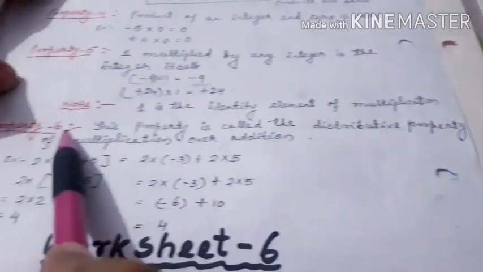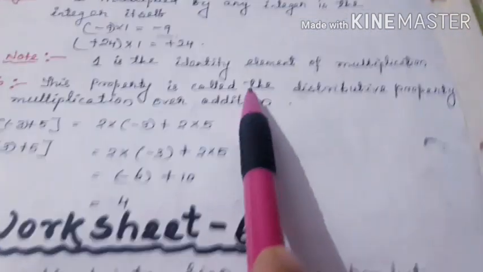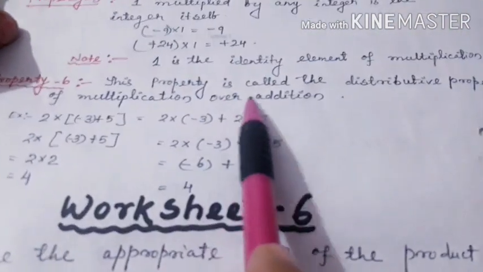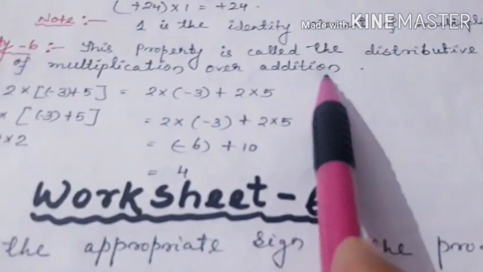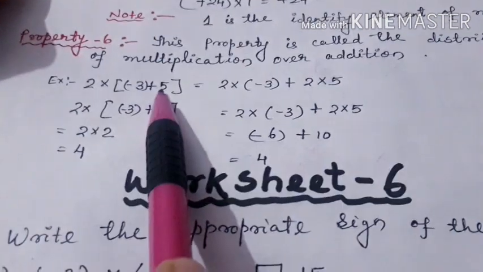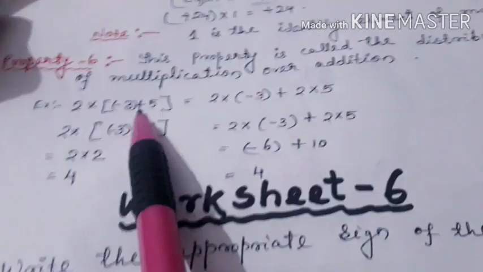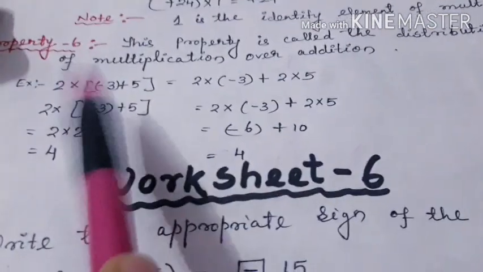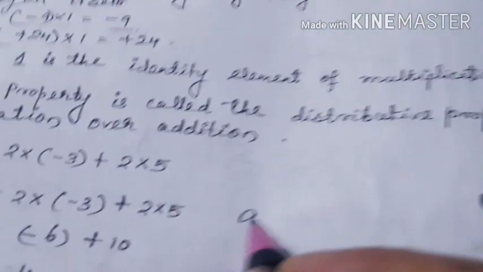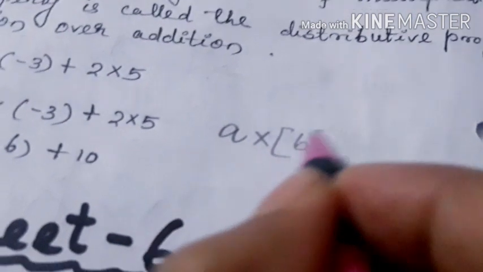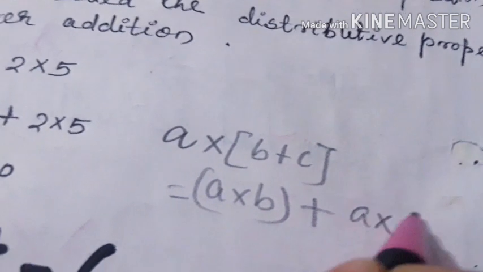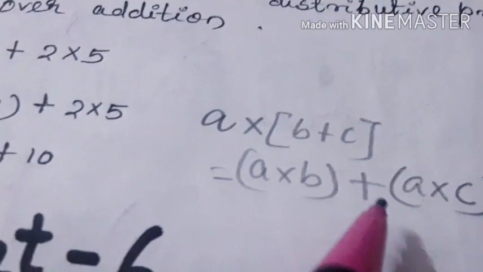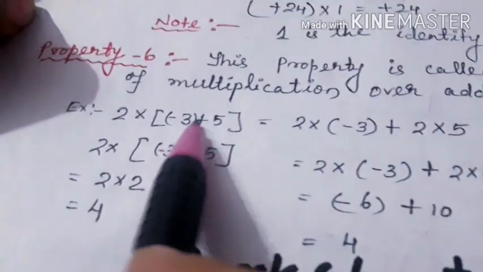In property 6, this property is called the distributive property of multiplication over addition. Already in the first chapter you learned what the distributive property is. Have you remembered? A into (B plus C) is equal to A into B plus A into C. I already discussed this in chapter 1. For example, 2 into (minus 3 plus 5).